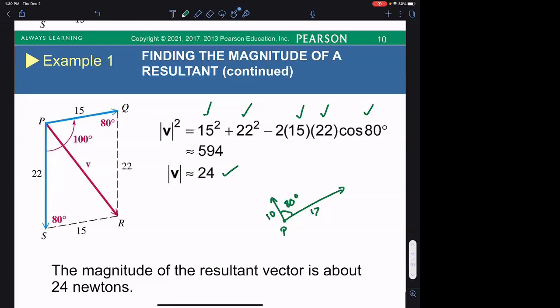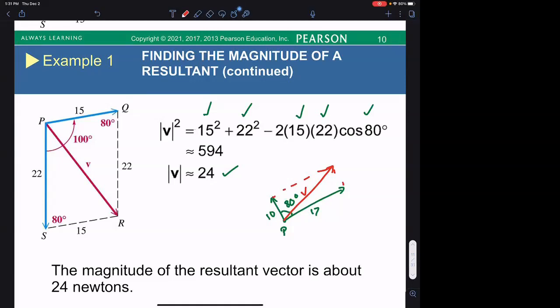To combine them, imagine the sum of these two vectors, which is this diagonal, which they called V. We want the magnitude of V.